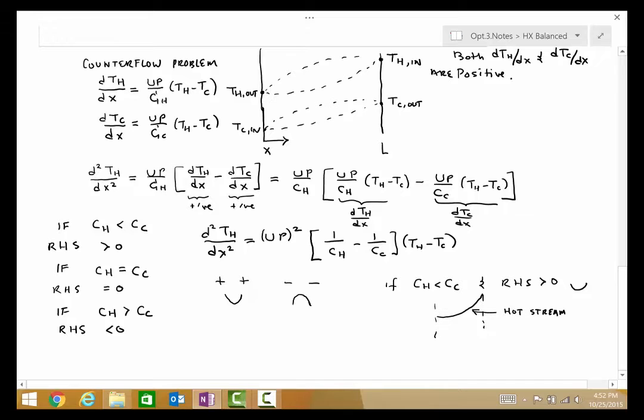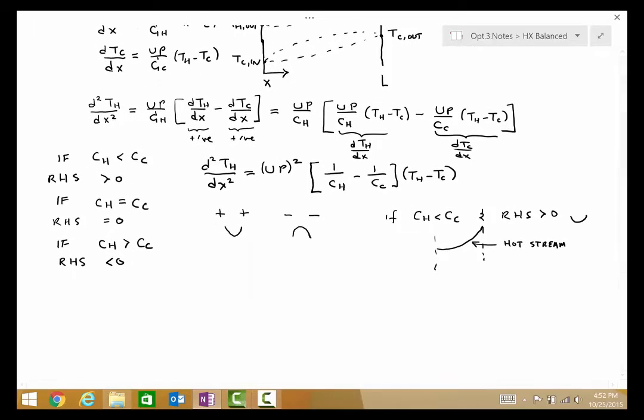If, on the other hand, CH had been greater than CC and the right-hand side was less than 0, the temperature distribution would have looked like this. These are important ways of understanding what is going on in these problems. We have all the tools available to understand how these temperatures behave.